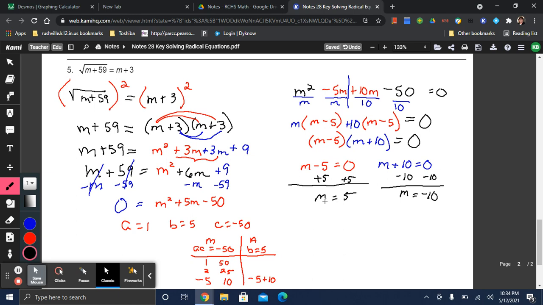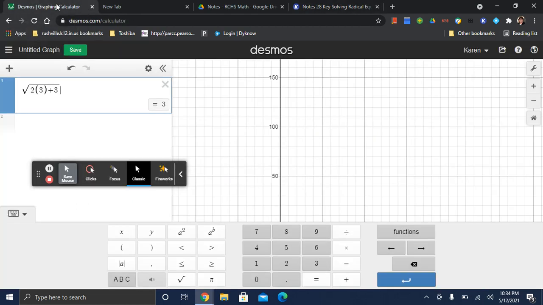All right, so we need to check. We need to check the 5 first of all, putting it in this square root and then putting it over here. So we'll use Desmos. First one is that it was m, which was 5 plus 59.